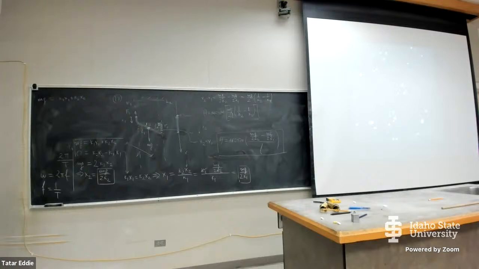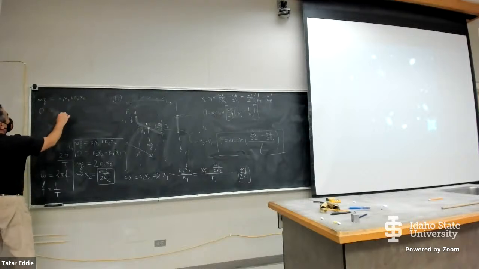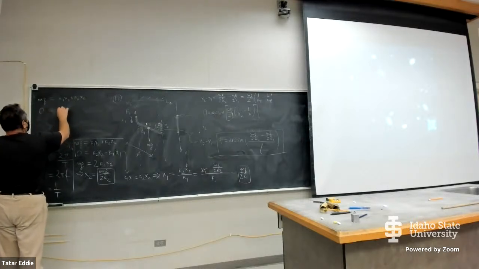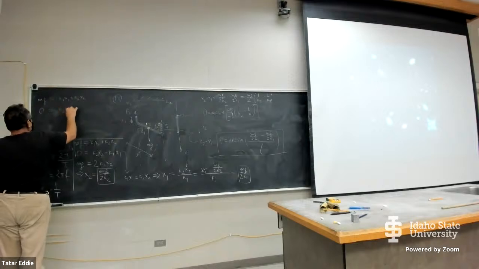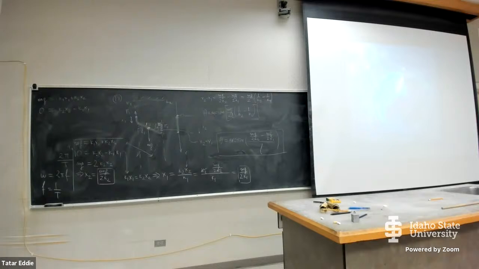And the second equation reads 0 is equal to k2 x2 minus k1 x1. So this is the original system that eventually we solved. Do you see those two equations in your notes, or you don't? I do. I have them both in my notes.